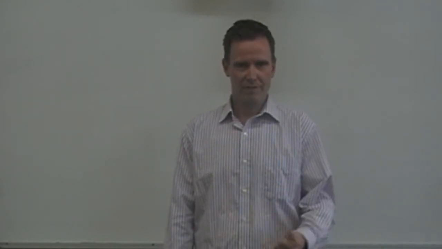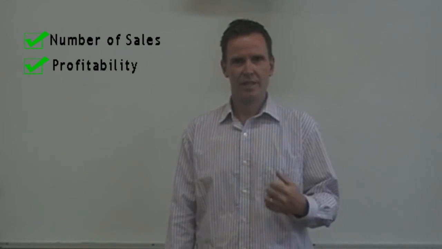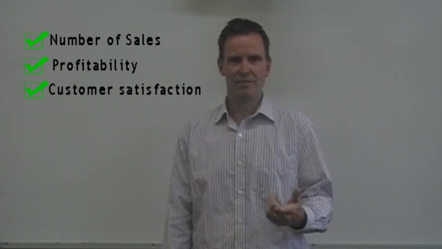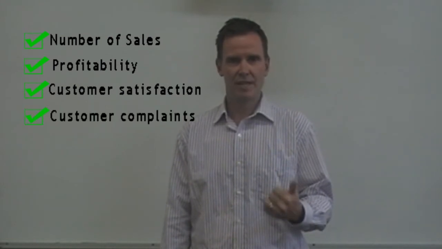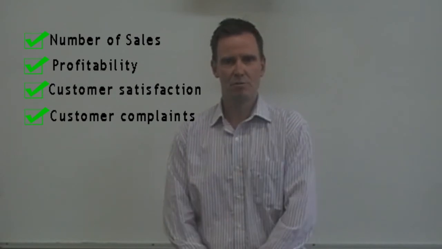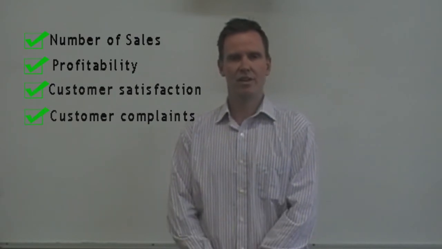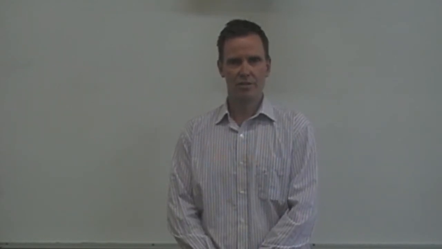So the best performance indicators to measure quality would be, the first one would be the number of sales. Next one, profitability. Another one could be customer satisfaction survey or results. And another one you could use would be the number of customer complaints. Now we found marking it, these were the best ones and the easiest ones to justify or explain your reasonings as to why they're going to focus on quality.